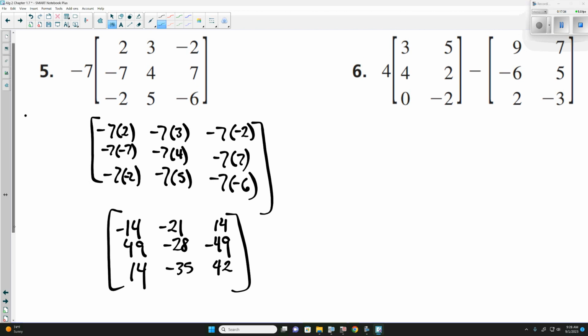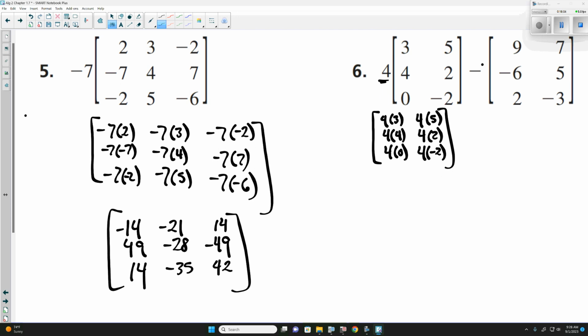We're ready to look at the next one. So one of the first things we can do is multiply by this scalar of 4. So we'd have 4 times 3, 4 times 5, 4 times 4, 4 times 2, 4 times 0, and 4 times negative 2. Now we can leave the negative alone.